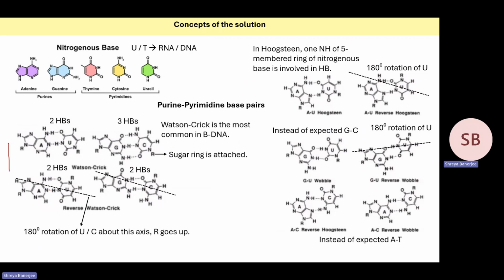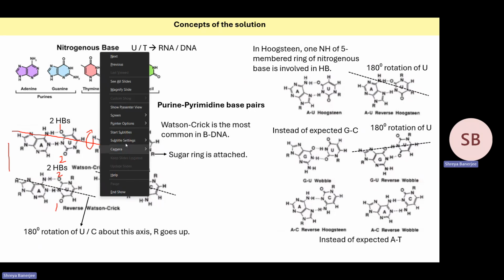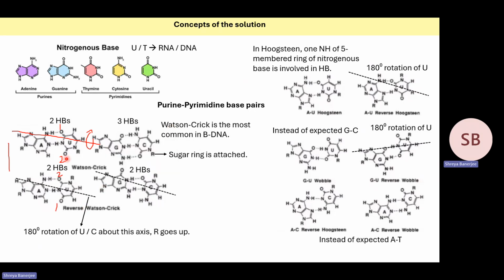In reverse Watson-Crick, if you imagine this line along here, it flips along this line. So initially carbonyl 1 was participating in the hydrogen bonding. Now carbonyl 2 is participating in the hydrogen bonding. But in Watson-Crick, the pairing is maintained. A goes with T or U and G goes with C.